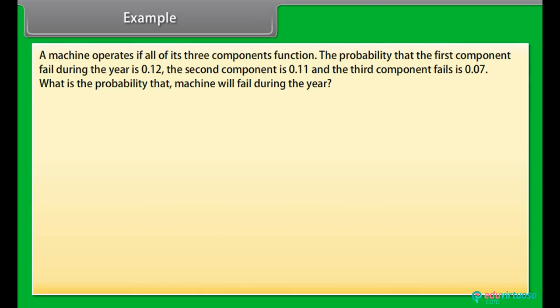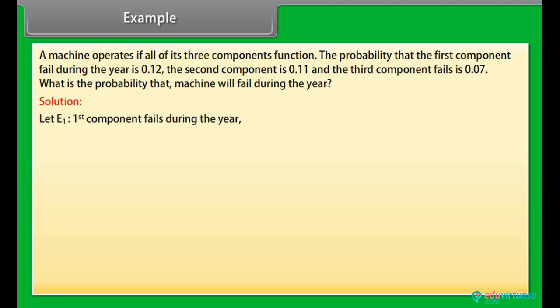Example. A machine operates if all of its 3 components function. The probability that the first component fails during the year is 0.12, the second component is 0.11 and the third component fails is 0.07. What is the probability that the machine will fail during the year? Solution.